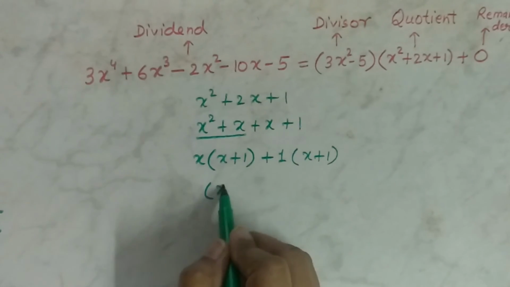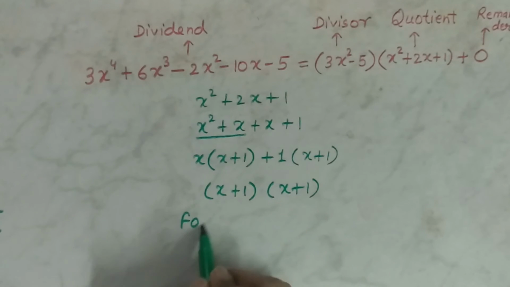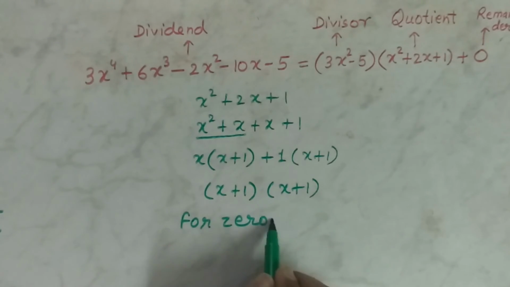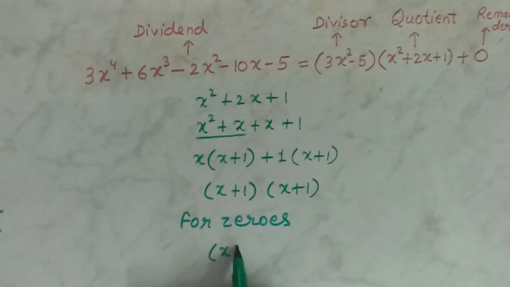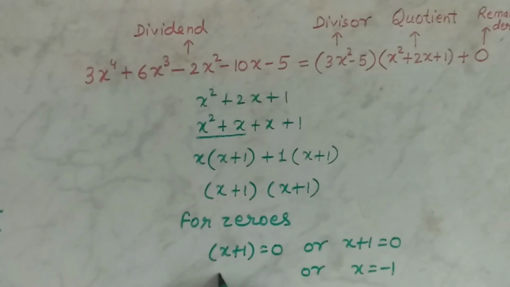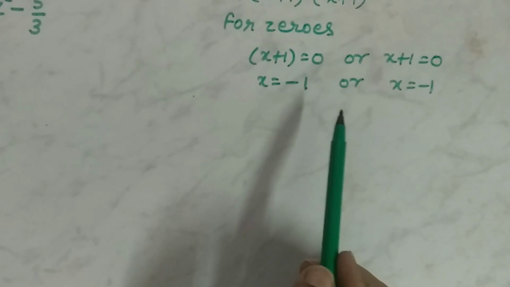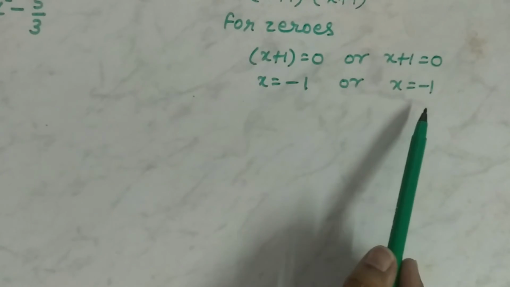So simply you get x plus 1 into x plus 1. So for zeros, what will you get? x plus 1 is equal to 0 or x plus 1 is equal to 0. So from both sides you will get minus 1. Okay class? Fortunately, you are getting both zeros the same, which is minus 1 and minus 1.